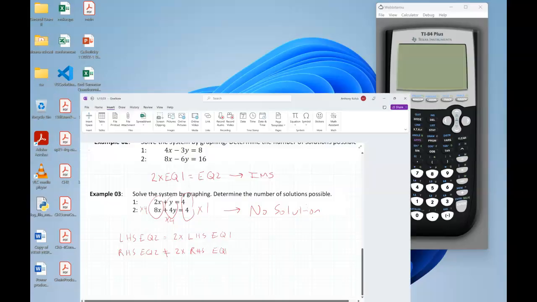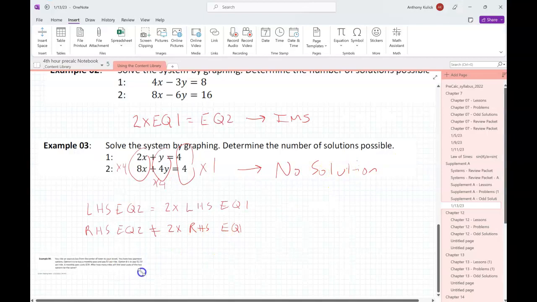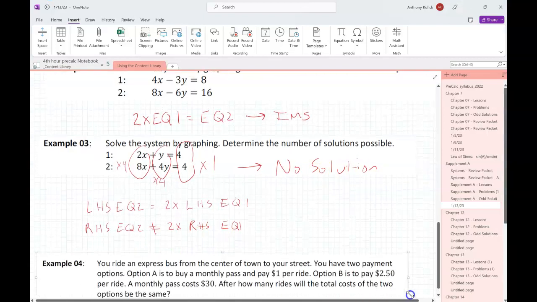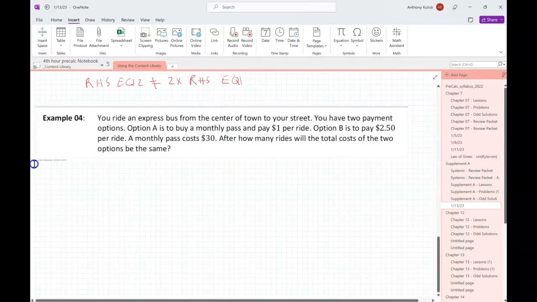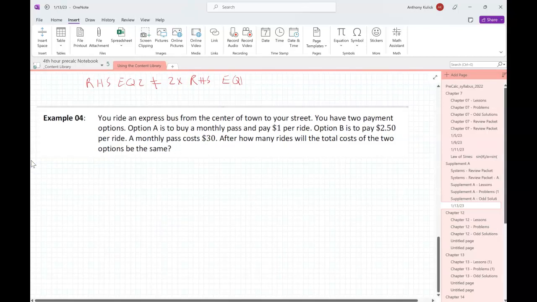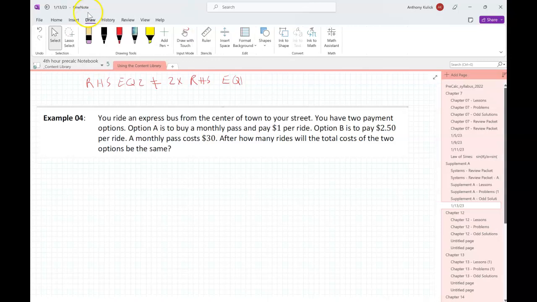The trickiest thing we'll probably see in this first section is dealing with some of these story problem scenarios. This is good review for ACT time, because it's probably getting around that time for a lot of us. This feels very much like a classic ACT question. It says you ride an express bus from the center of town to your street.